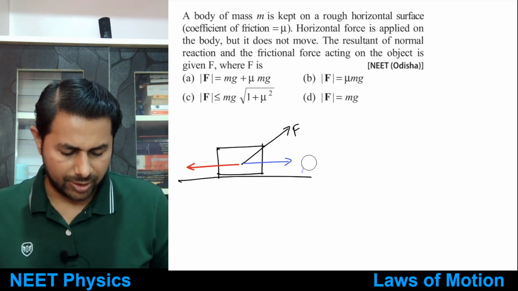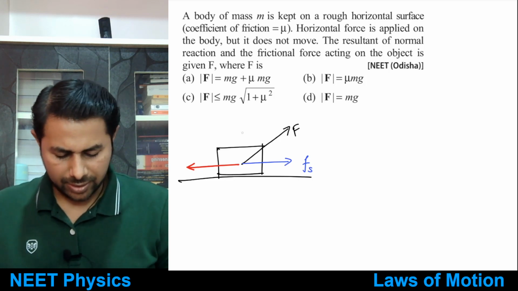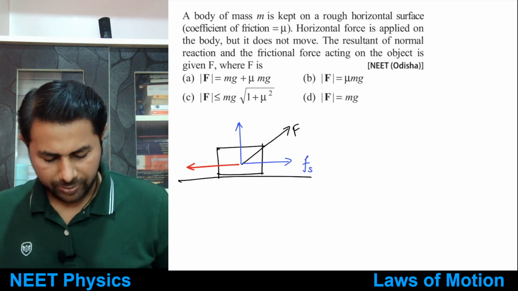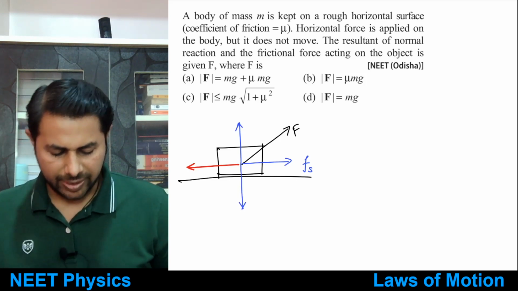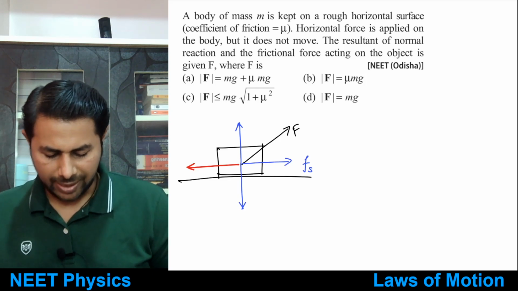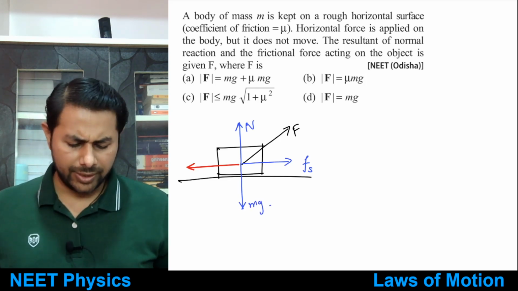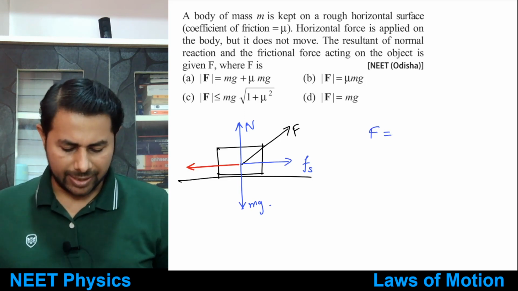This is the frictional force, let's call it Fs, and the normal reaction will be upwards. This is the weight. The normal reaction and weight will balance each other, so N is equal to mg. What will be the magnitude of F?